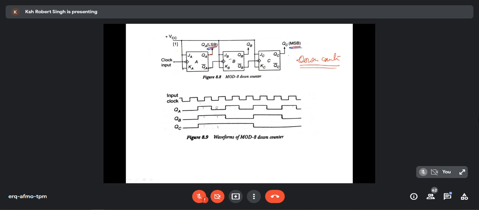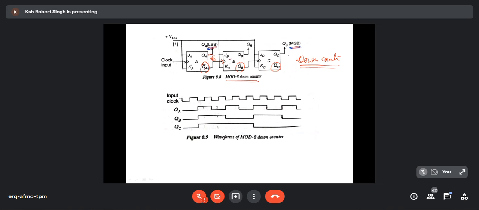Earlier you were connecting Q to the clock; now this is not connected, and from the complemented output, Q bar, you are giving the connection to the clock. So this is again asynchronous, obviously, because one flip-flop is getting its trigger pulse from the other flip-flop's output.